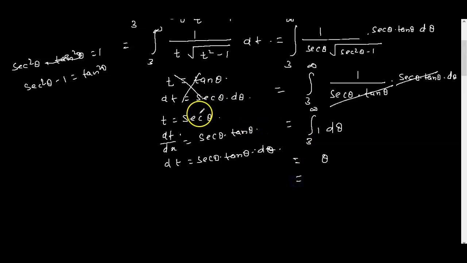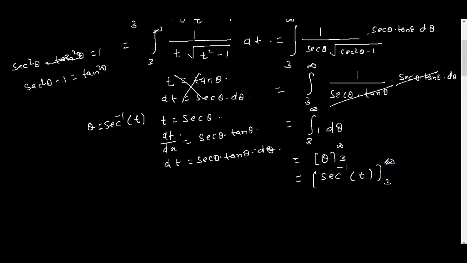So we have assumed here t is equal to sec theta, so theta is equal to sec inverse of t, from 3 to infinity. Any doubt in this?